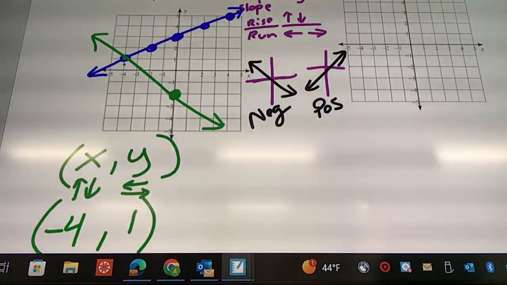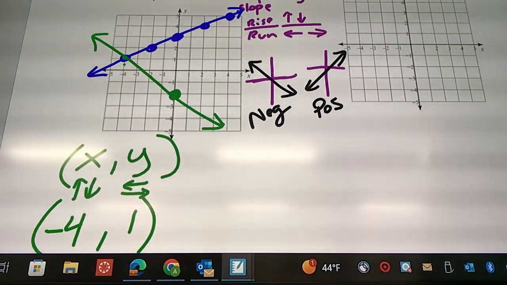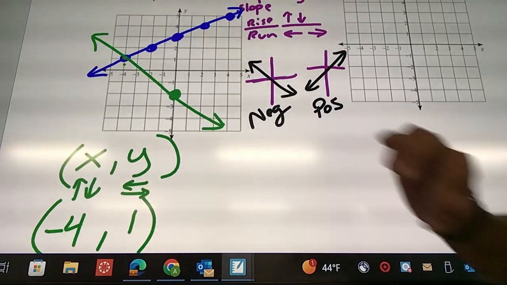Okay, and so that's my intersection point, or my solution. And again, if you're not done, pause.